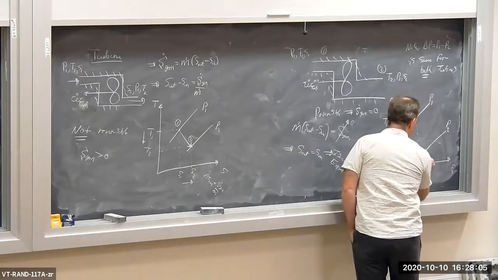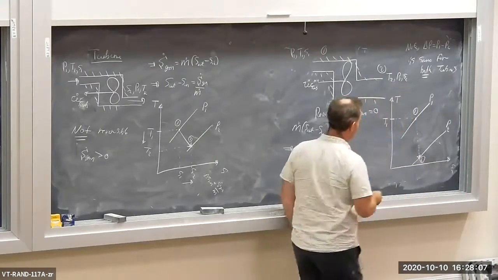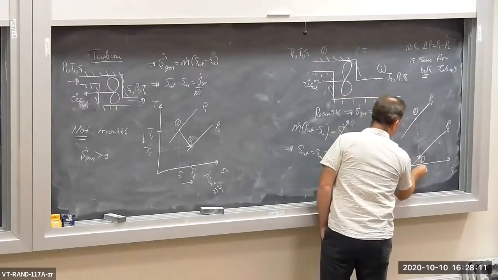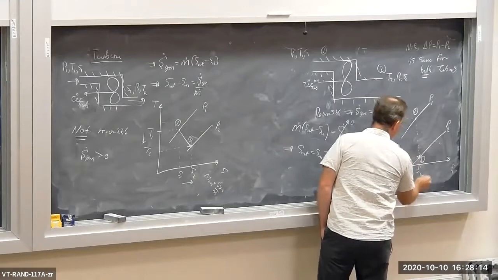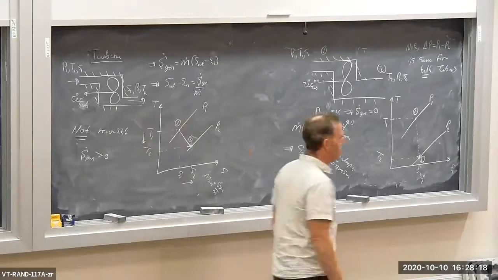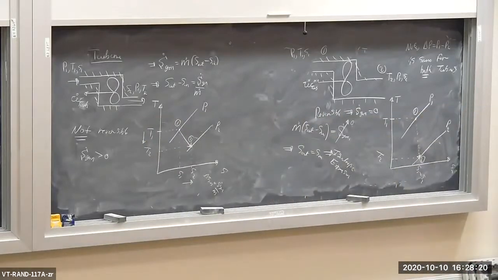So here is state 2 down at the bottom. So here's T2, and here's S1 equals S2. So that's what the process looks like for the reversible turbine. Vertically downward, state 1 to state 2.